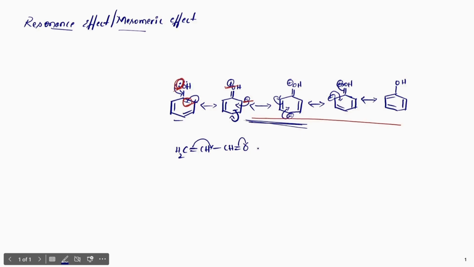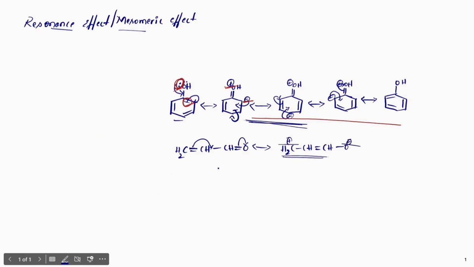So what happens is CH2 single bond CH double bond CH single bond O minus, and here positive charge. So here the interaction between pi bond and pi bond is taking place. The interaction between the pi bond and pi bond produces polarity in the molecule.